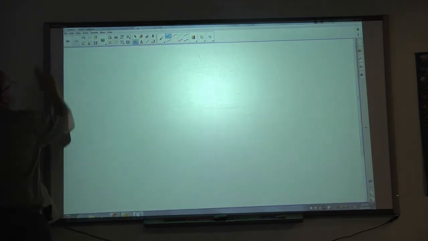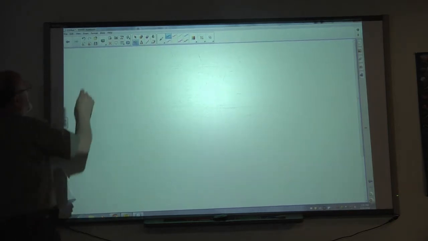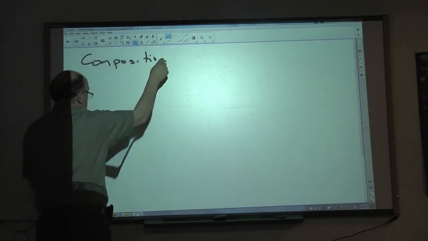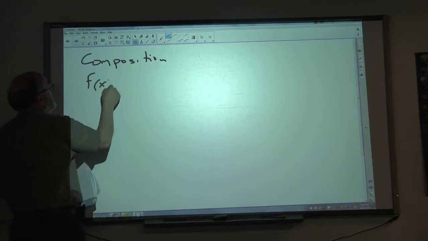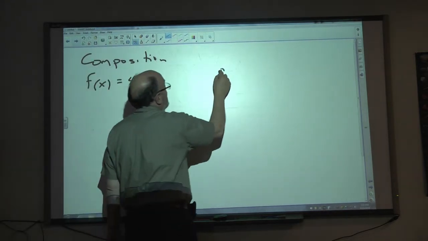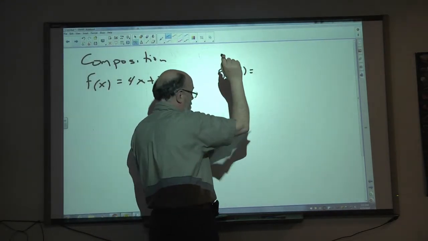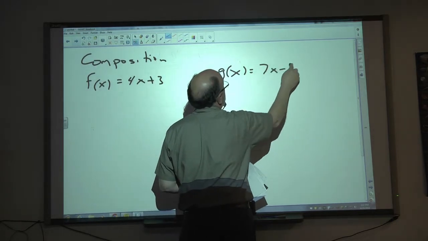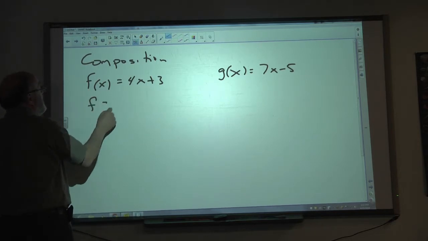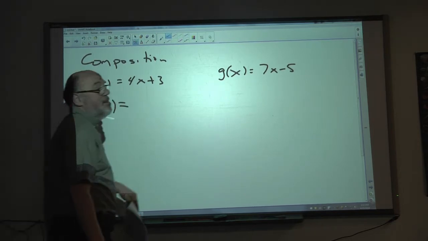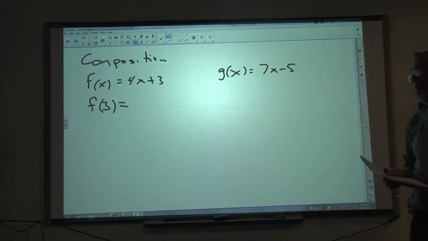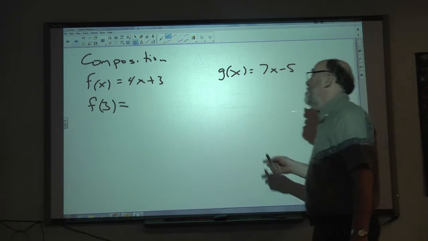Well, then in terms of functions, we can combine them, and so you get what are called composite functions. If f of x is equal to 4x plus 3, and let's say that g of x is equal to 7x minus 5, and I ask you what is f of 3? 15, right?